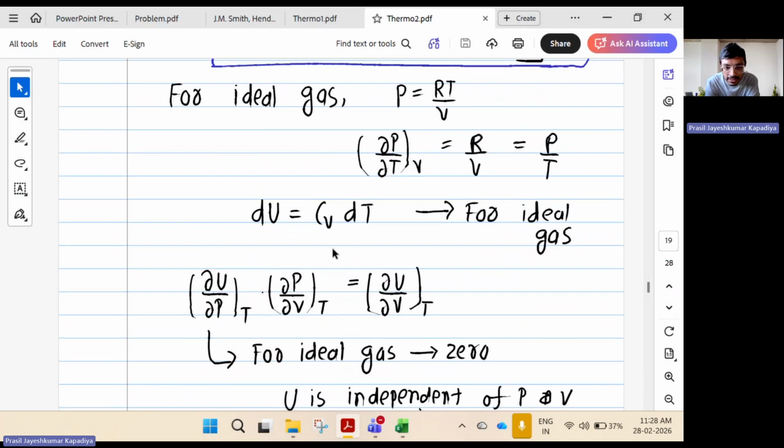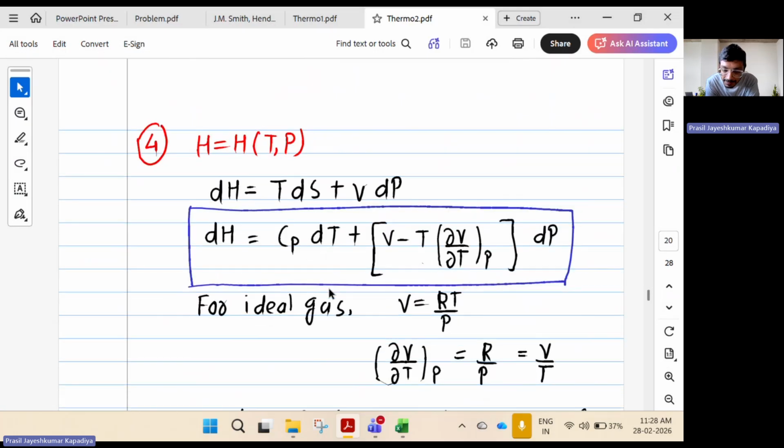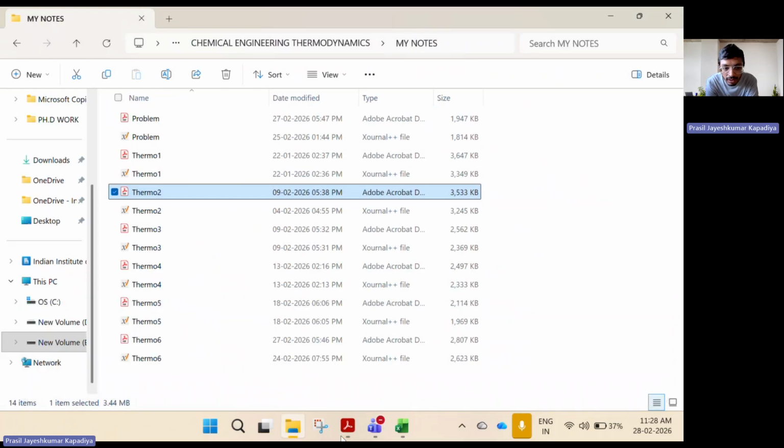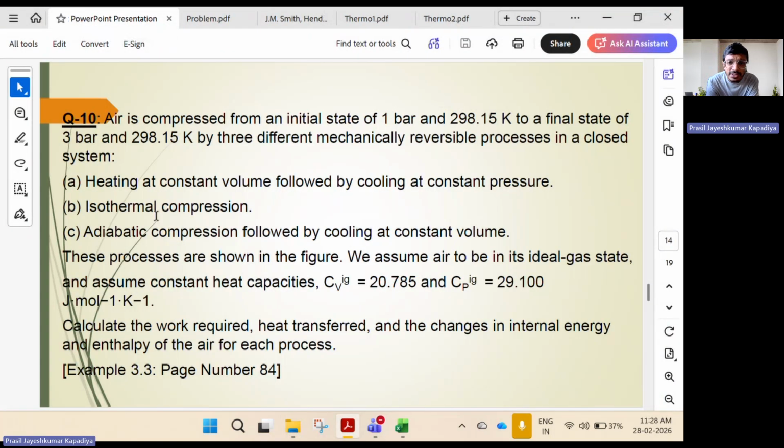So dU is nothing but CvdT for an ideal gas and dH is nothing but CpdT for an ideal gas. For all paths that we are following, the starting temperature is 298.15 Kelvin and the final temperature is also 298.15 Kelvin.